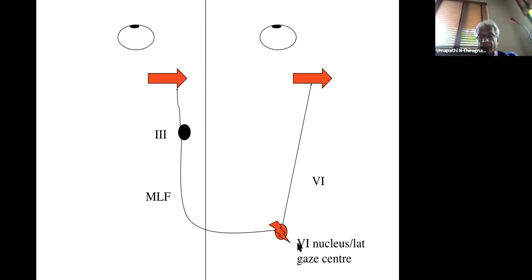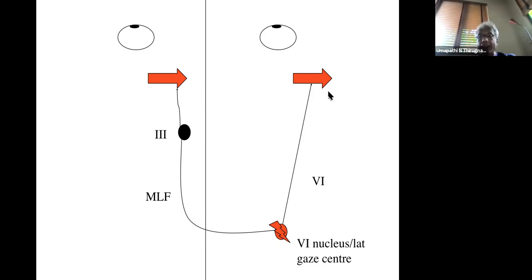So likewise, the 6th nucleus that's located in the pons, not only does it have cell bodies that control the 6th nerve, but it's actually controlling the whole of gaze to the left. So therefore, a synonymous name for the 6th nucleus is the lateral gaze center. Okay, synonymous names. Okay, so 6th nerve, like the first patient, remember the very first patient with the carotidocavernous fistula, 6th nerve lesion.